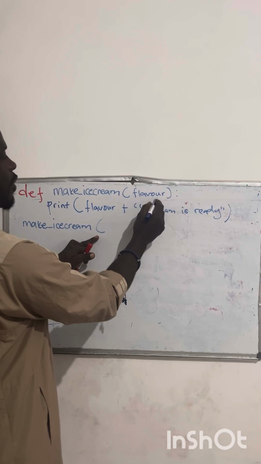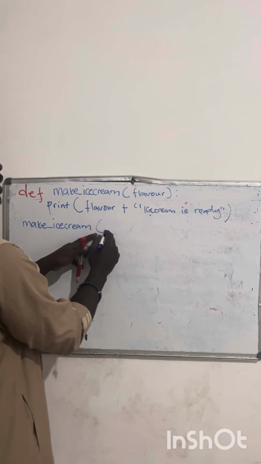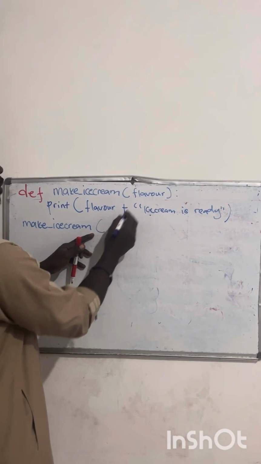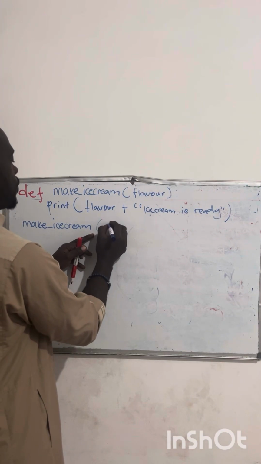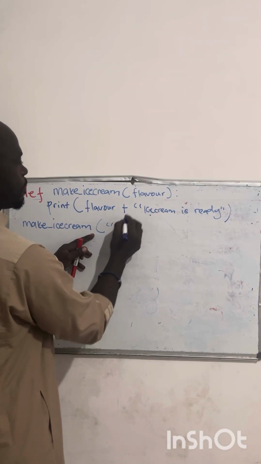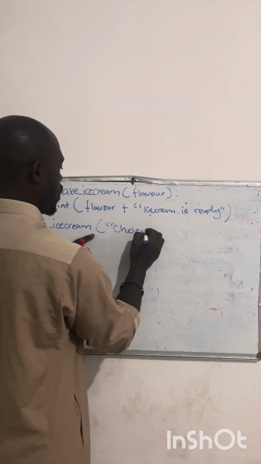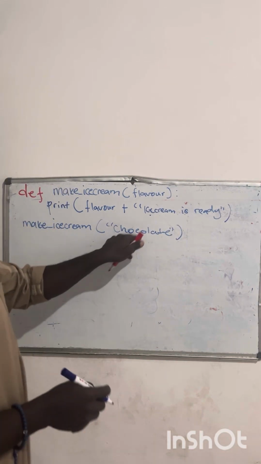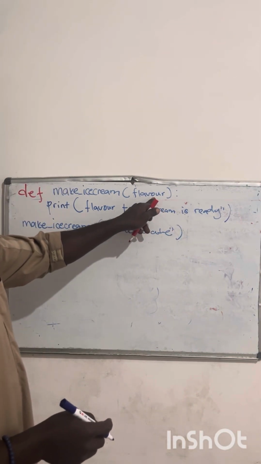A parameter is a variable, and an argument here is going to be the value that is going to be passed on to our parameter. So let us put a flavor here. For example, let it be chocolate. So we have passed chocolate onto our parameter.